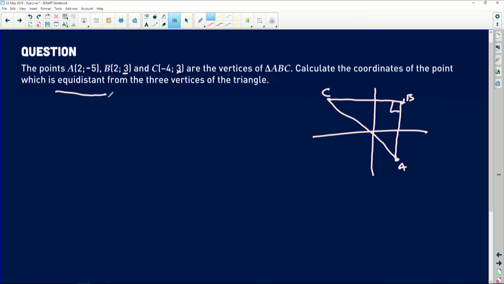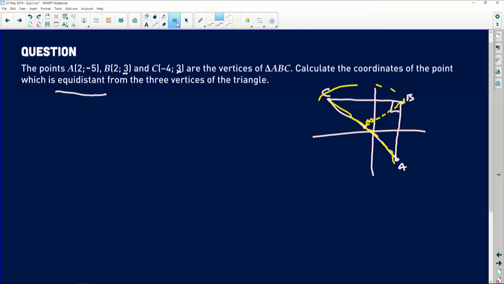Now, it says calculate the coordinates of that. So what I just said to you guys is I need to find the midpoint of this line here. If I find that midpoint, then the distance from there to there, this distance here, and also this distance here will be equal to each other, because then I will have an imaginary circle around that particular thing, which I didn't really draw to scale, but I hope you guys can get the idea of what I'm talking about.